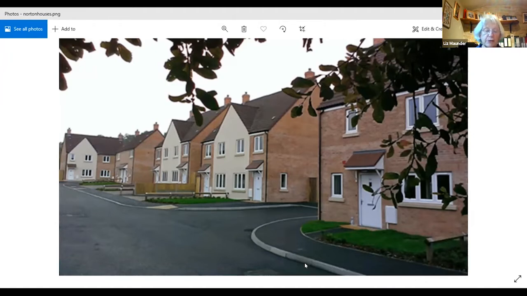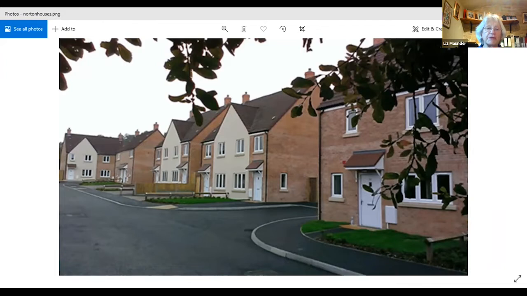You're probably looking at, or you will have looked at, the local connection criteria, because of course with community land trusts, the whole idea is that you are providing homes which will be affordable for local people in perpetuity. Which means that they won't come up for right to buy. The residents can have right to buy, but they would have to move out to somewhere else. So the houses are going to be affordable for local people in perpetuity.